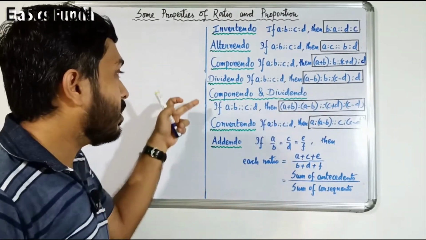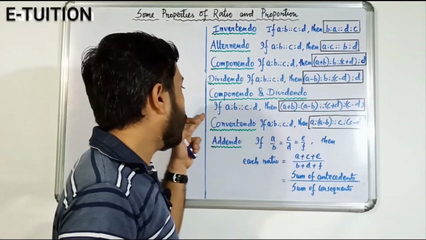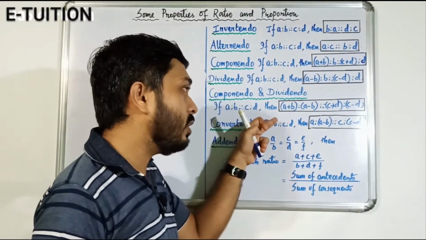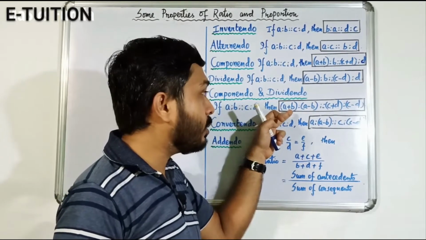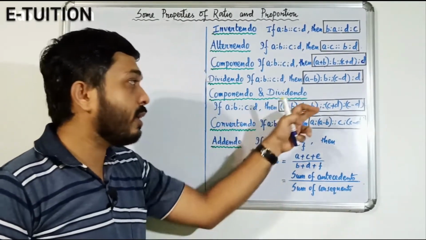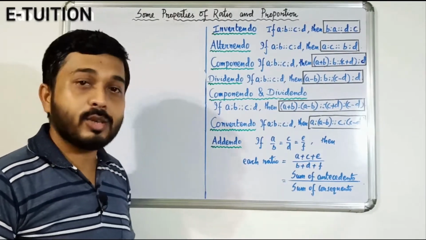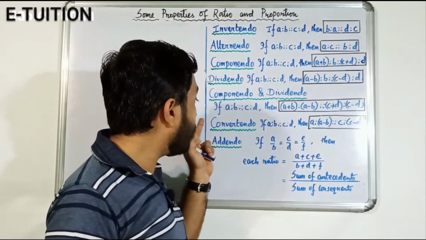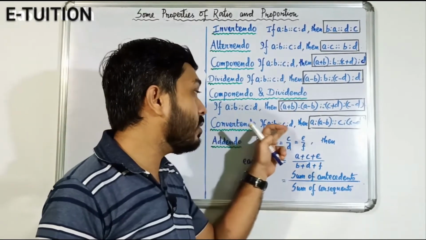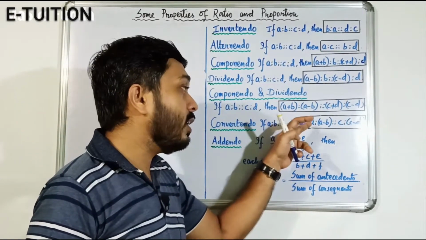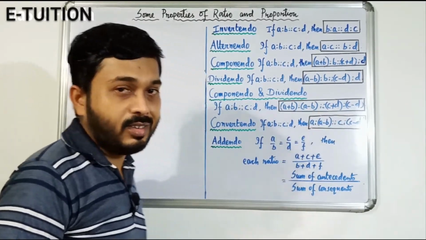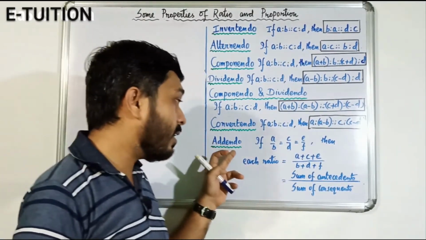Alright, after that is componendo and dividendo, according to which if A is to B is equal to C is to D, then A plus B whole divided by A minus B is equal to C plus D whole divided by C minus D. Is it okay? After that is convertendo. If A is to B is equal to C is to D, then A upon A minus B is equal to C upon C minus D. Okay. After that is addendo.